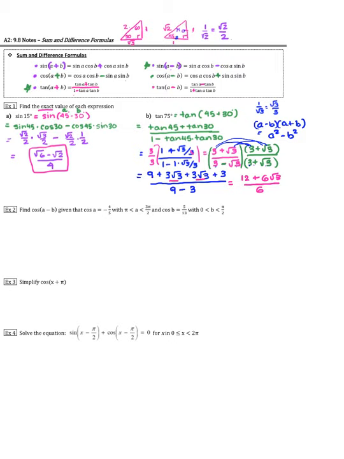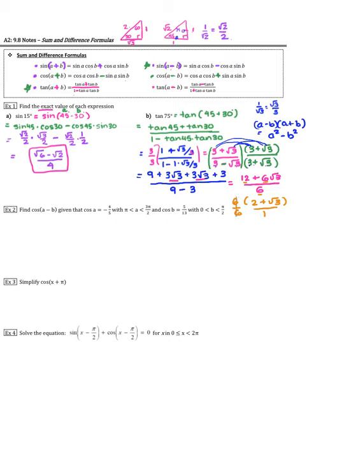Now, you might think you're done. I know this is kind of a long problem, but notice that each one of these terms has a common factor of 6. So I can pull out that common factor of 6, and on top I'm left with 2 plus rad 3 over 1.